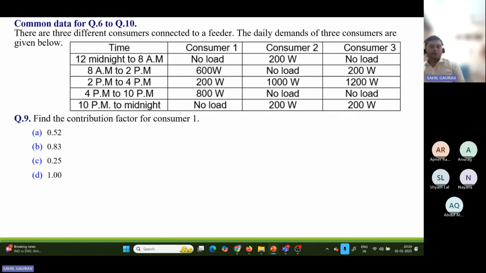So here in this problem, you have to find the contribution factor for consumer one. I have discussed how to find the contribution factor from the table, and there are two steps. I'm just writing the steps and I just want you to give the answer. Two steps for calculation of contribution factor.